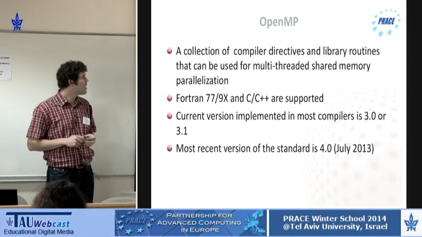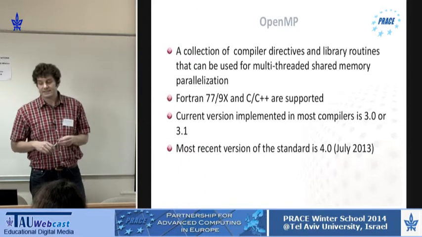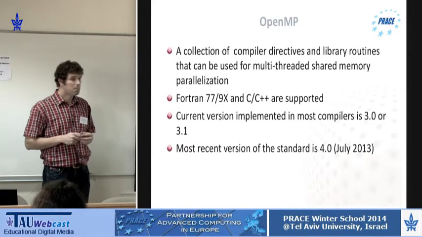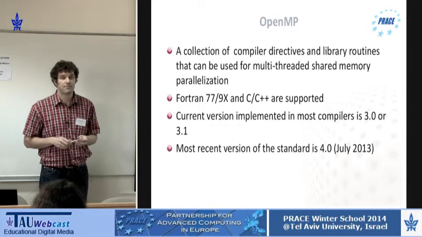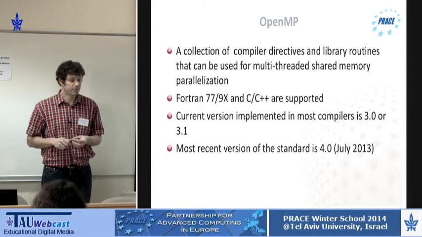The most up-to-date version of OpenMP is 4.0, a little bit less than a year old. Most compilers at the moment actually support version 3 or 3.1 of OpenMP.